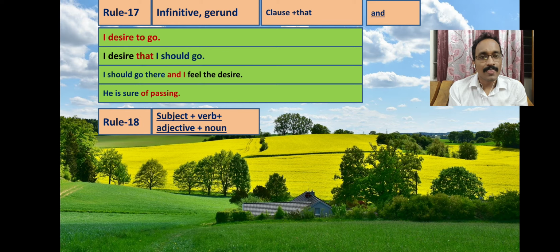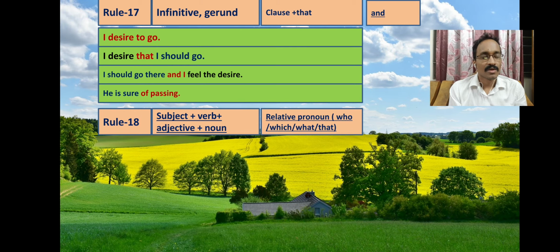So here you see the simple sentence may start like this: subject plus verb plus adjective plus noun. In this case, to make it a complex sentence, we will use one relative pronoun. You know the relative pronouns are who, which, or that.